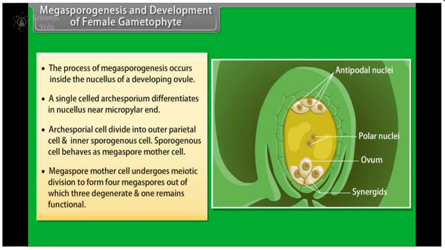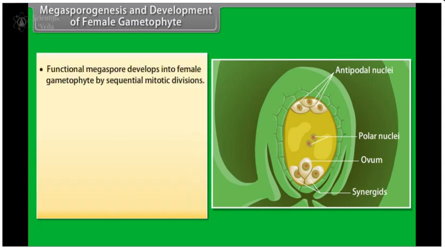Megaspore mother cell undergoes meiotic division to form 4 megaspores, out of which 3 degenerate and 1 remains functional. The functional megaspore develops into the female gametophyte by sequential mitotic divisions. Female gametophyte consists of an 8-nucleate embryo sac.